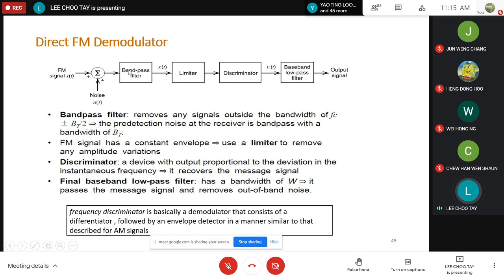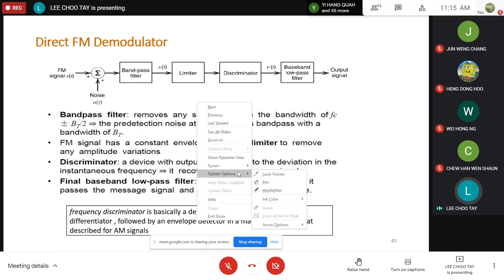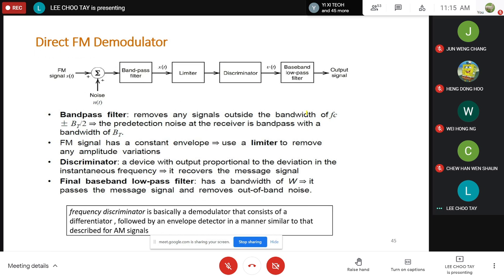The function of this bandpass filter is to remove any signal outside the bandwidth of the FM signal that we're interested in. Therefore the noise is limited by the bandpass filter to the transmission bandwidth of the FM signal.